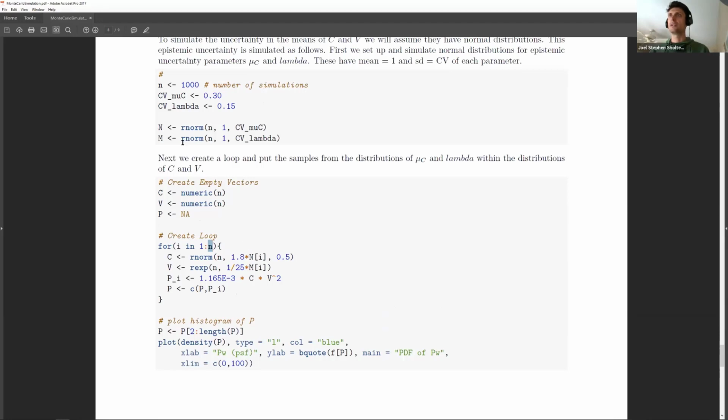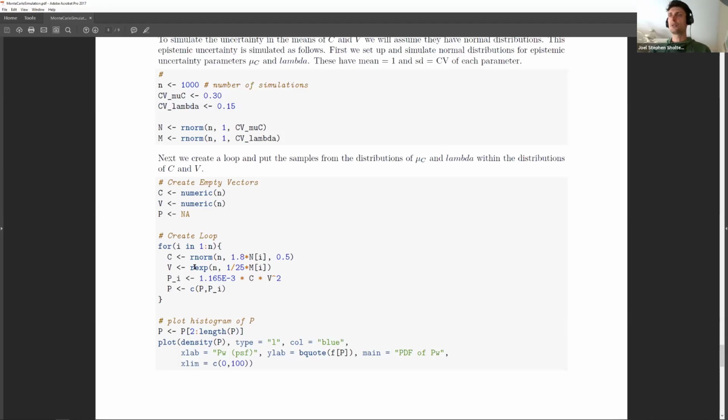What I'm going to do is plug the distributions for these uncertain parameters into the distributions for our drag coefficient C and our velocity. The way that works is I got a sample of 1,000 from a normal distribution for mu C, and 1,000 from a normal distribution for lambda. I'm going to loop from 1 to 1,000.